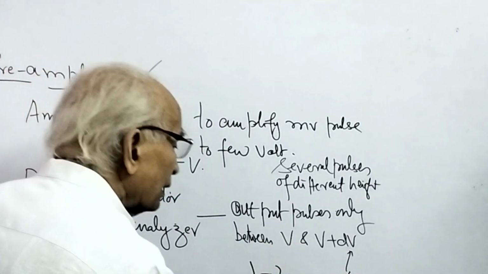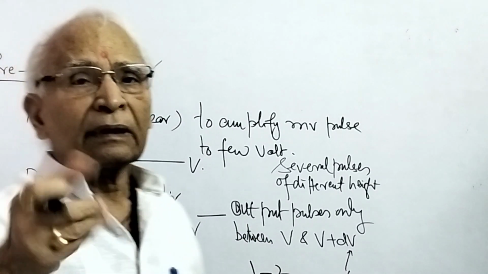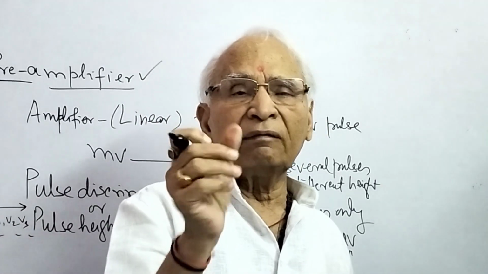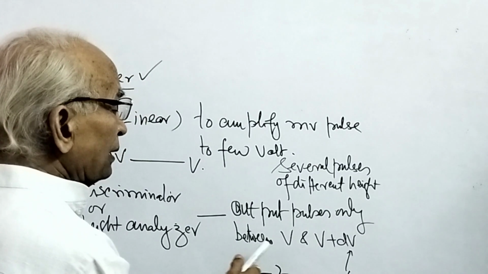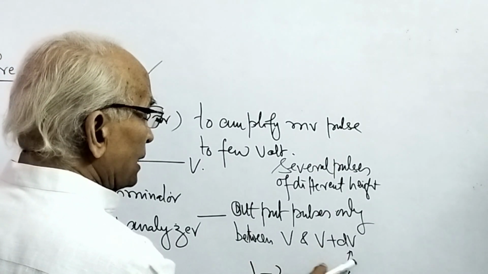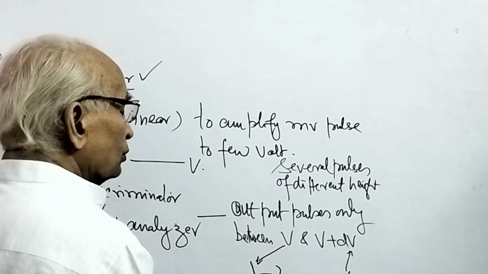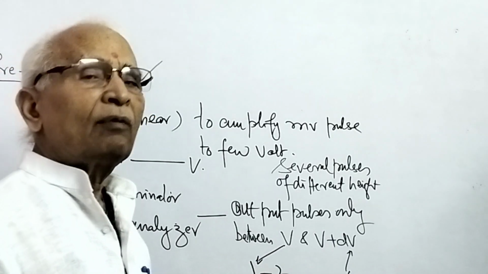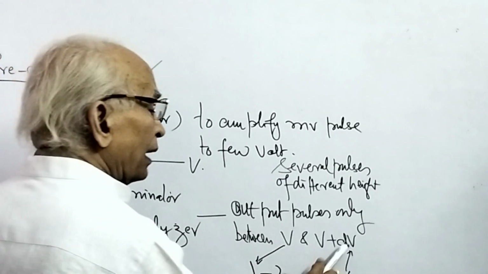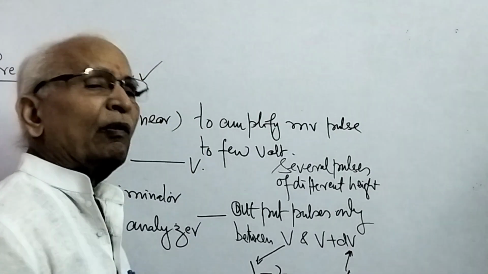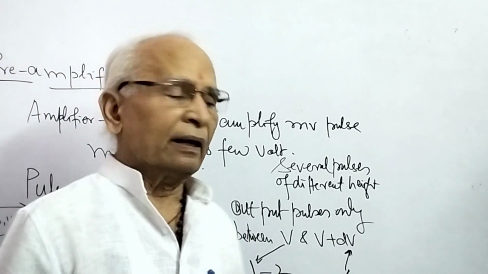You have discriminators, potentiometers, you can set them at different values so that you are allowing pulses between V and V plus dV. And this V can be changed to any value, 1, 2, 3, 4, 5, 200 millivolt, or whatever unit. And dV can be fixed: 1, 0.1, 0.5, whatever you desire.